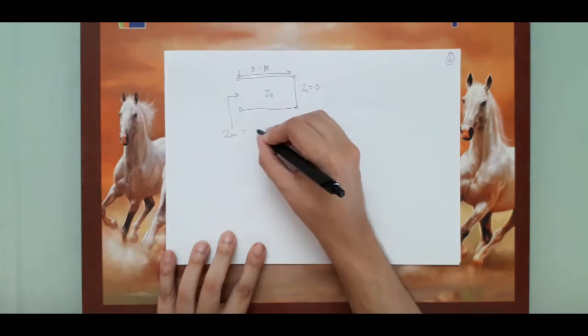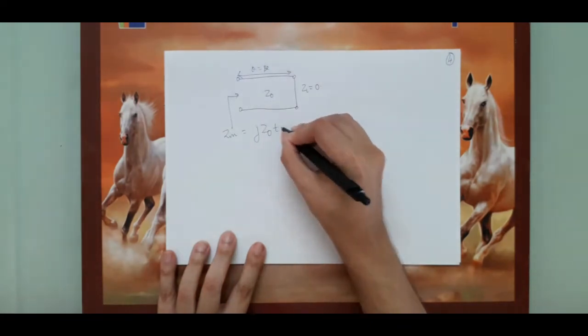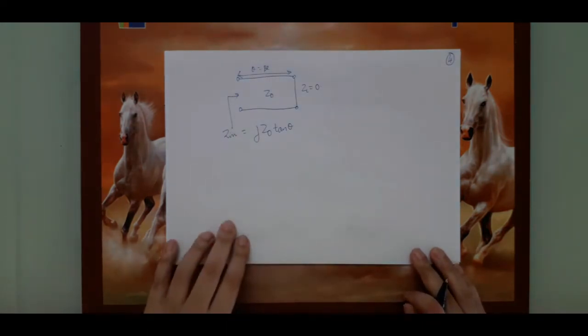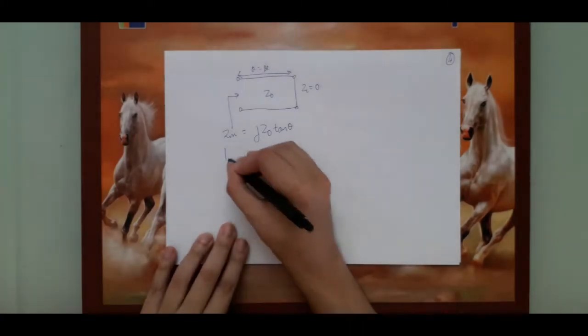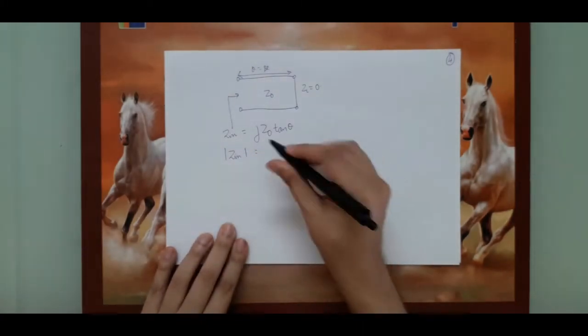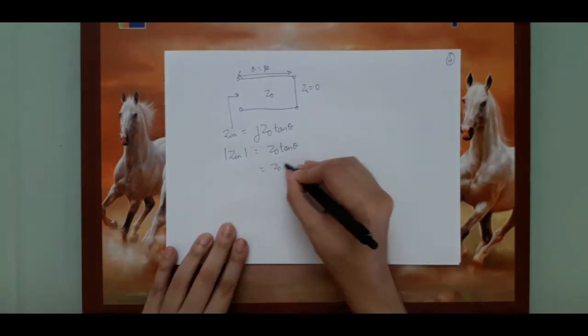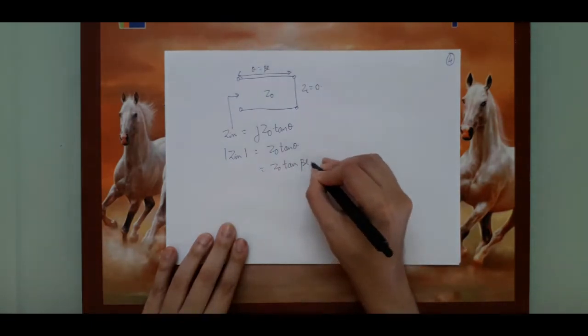So as we proved, this is nothing but jZ0 tan theta. Now let us look at the mod of Zin. That is nothing but Z0 tan theta, or Z0 tan of beta L.